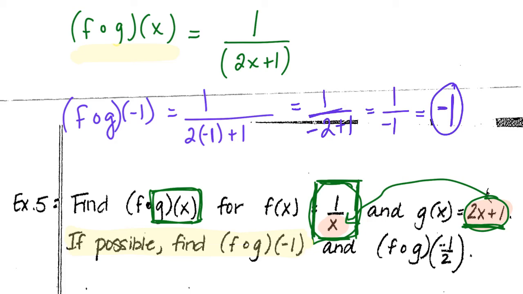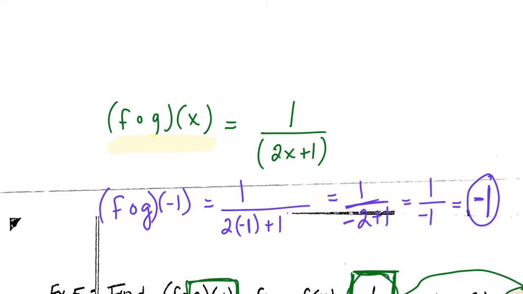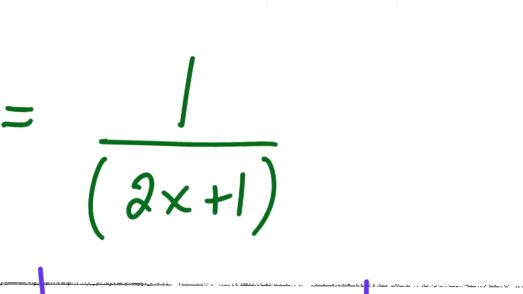All right, and then our last question, we're still sticking with that same blueprint of f of g, but in this case, we're going to put in what for x? We're going to put in negative 1/2. So I'm going to blow it up. We know we're using the same blueprint, and instead of putting in x, I'm going to put in what? Negative 1/2.